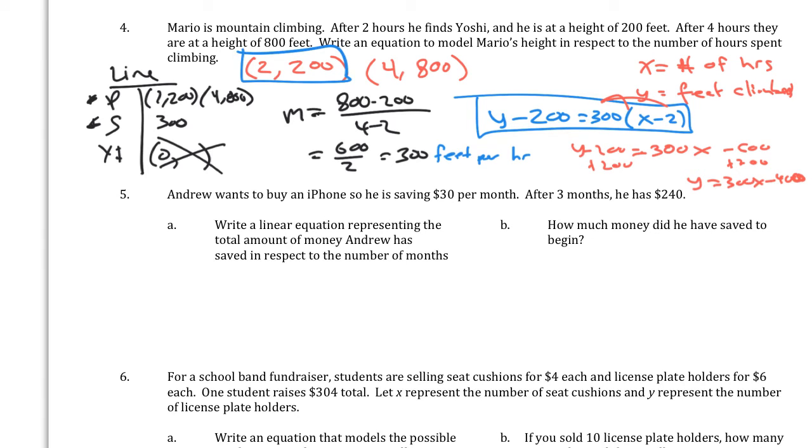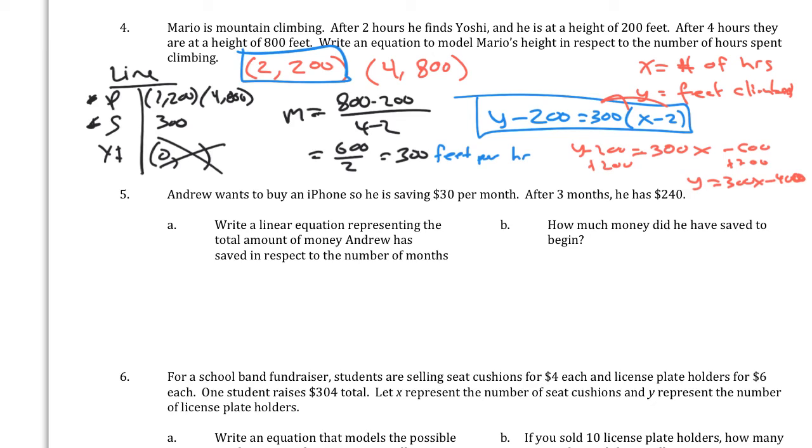So what that means is either at the beginning he was 400 feet below sea level, which is possible. Maybe Mario was down in a big valley, or he climbed at a different rate before he got to Yoshi, and now from 2 to 4 that measures his rate with Yoshi.